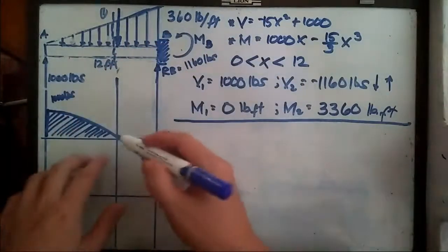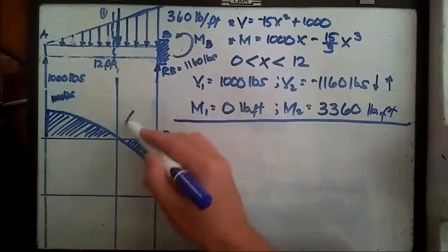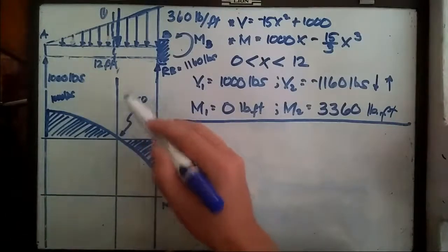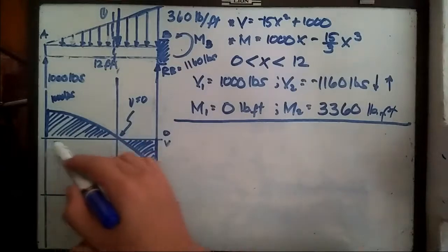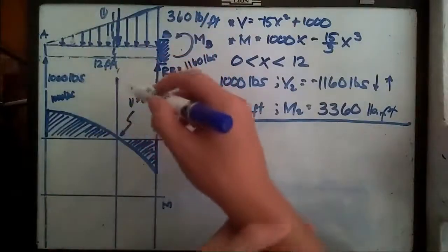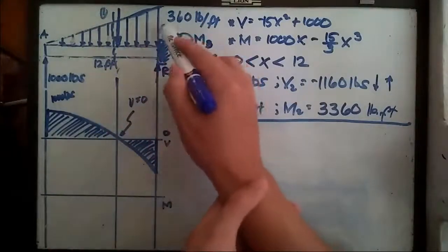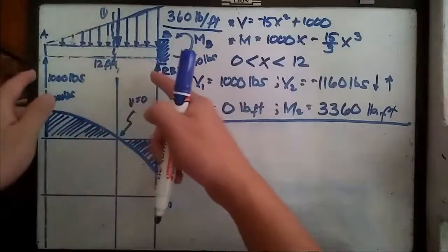And at that portion of the graph here in the shear diagram, there is a point where V is equal to 0, as you can see here in the graph, where it intersects with the horizontal axis and the axis going downward along the vertical axis by the concentrated load 360 pound per foot along the whole span of this member.